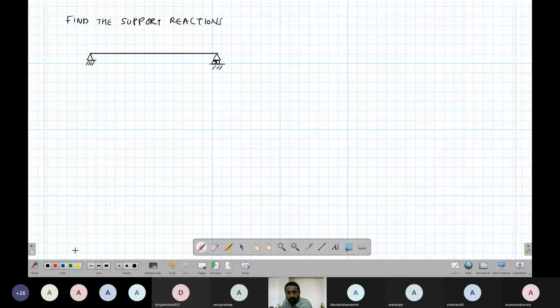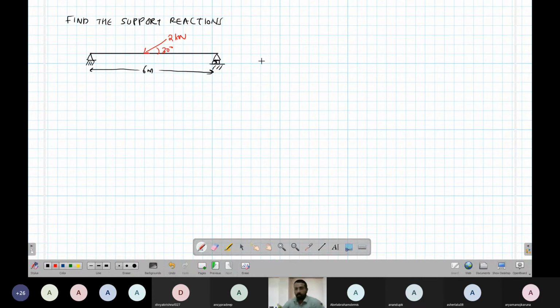Let's say this is again 6 meters. Second, let's say I have a force at an angle. Let's say the angle is 30 degrees. Force is 2 kilonewton. 2 kilonewton force at 30 degree angle. Okay. Find the support reaction.